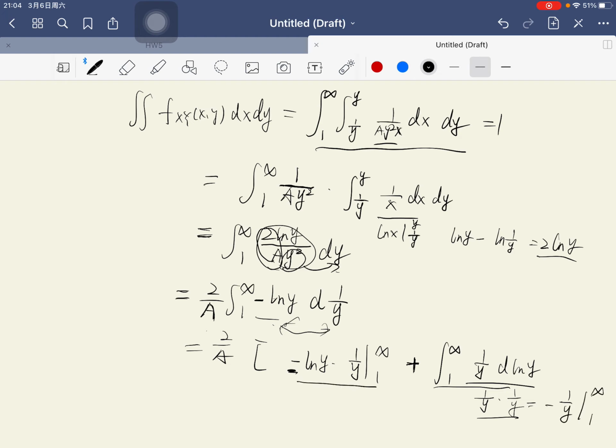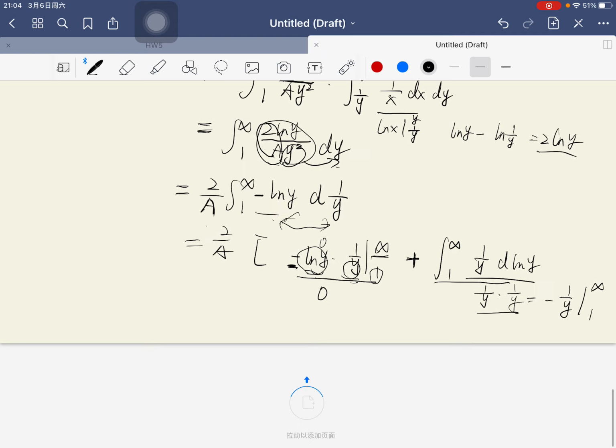For the first part, when y equals 1, ln y is 0, so it is 0, and when y goes to infinity, ln y is smaller than y, so it is also 0. So this part is 0.